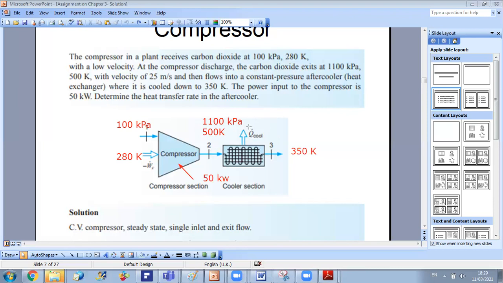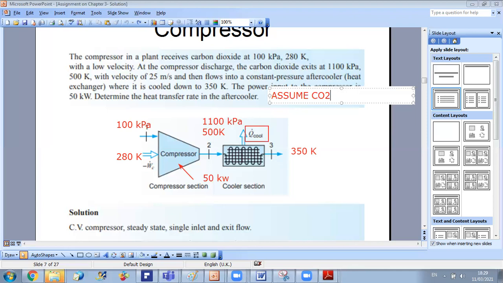Now first, here they should add, it's missing, that we should assume CO2 as ideal gas. Because if they don't tell you this, you will not know if you want to use the ideal gas table or the table of CO2.